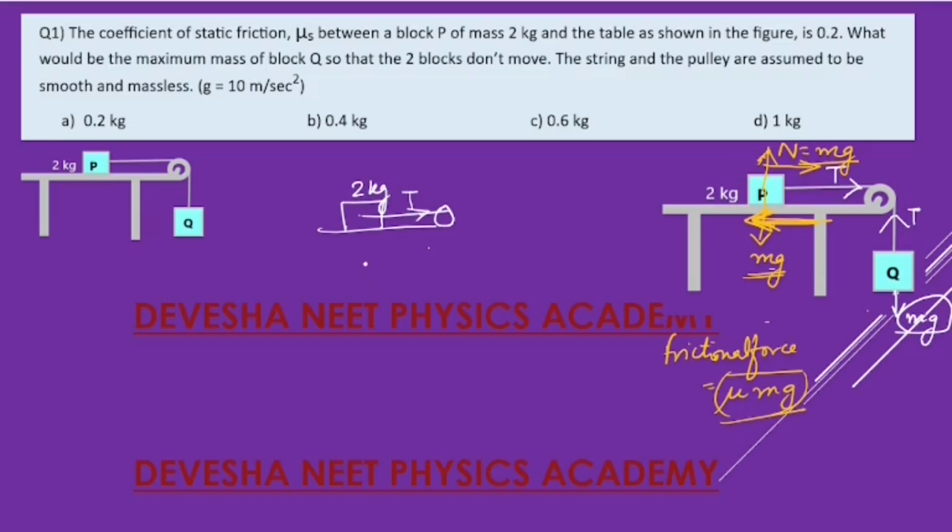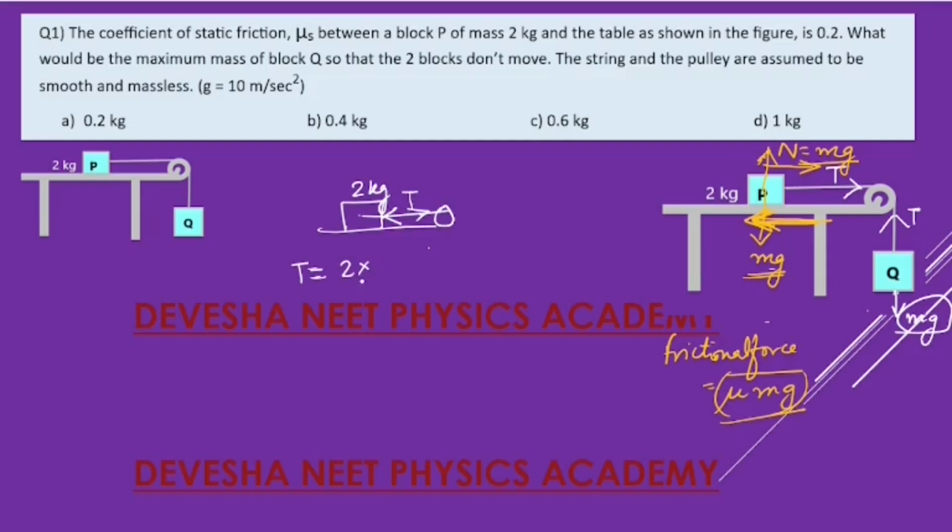What is the tension T? If there is an equilibrium here, then T is equal to the frictional force on this body, right?